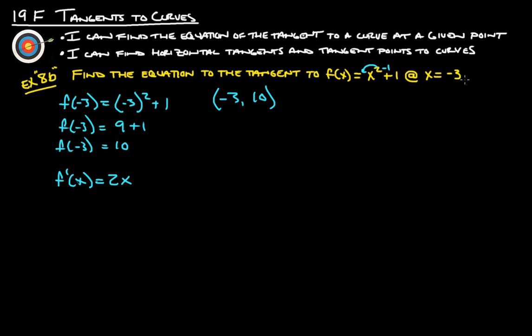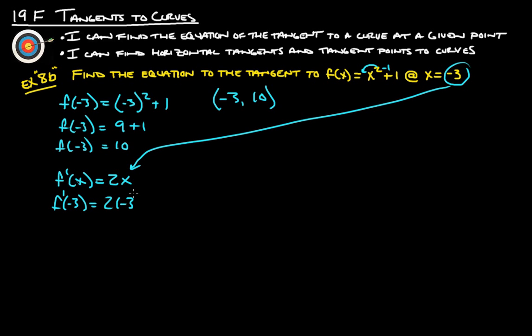To find the slope at negative 3, we plug negative 3 in for that x. So f prime of negative 3 is 2 times negative 3, which is negative 6. And again, this is the slope of the tangent line.